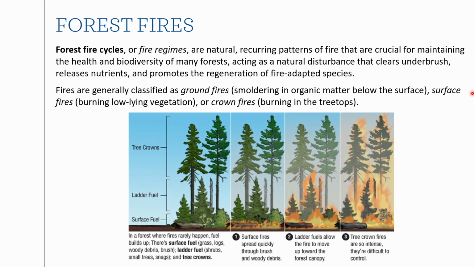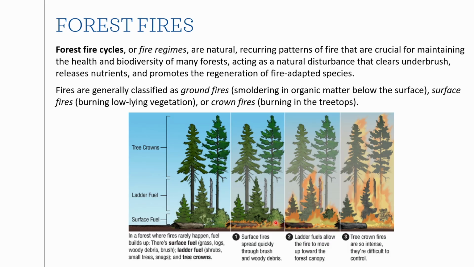We generally classify fires into three types: ground fires, surface fires, and crown fires. Ground and surface fires are like the natural burning of the understory. This can happen as a result of lightning.